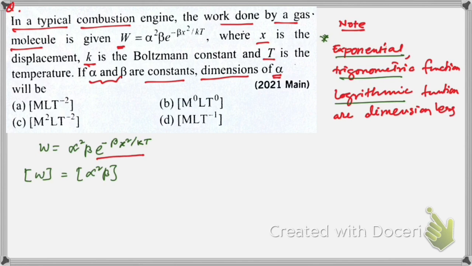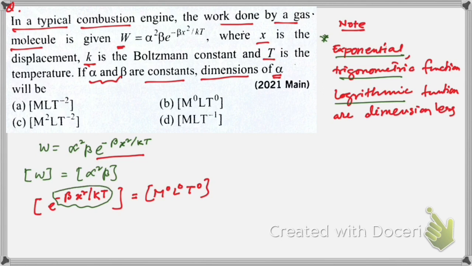So e to the power minus beta x square by kT is dimensionless, meaning M to the power 0, L to the power 0, T to the power 0. And one more thing, if this whole thing is dimensionless, then the power on e must also be dimensionless.